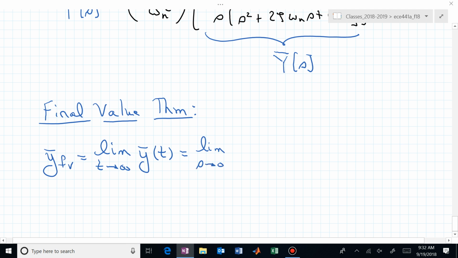Here's now the final value theorem: the limit as s goes to 0 of s times y bar of s.